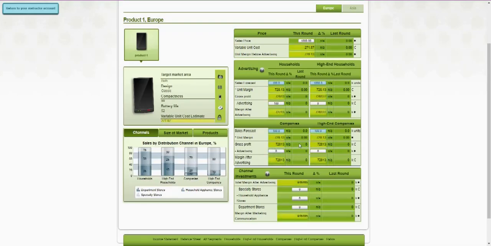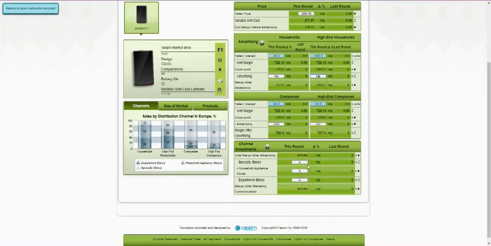So this product might be really popular. We might want it to be really popular with companies, so then I would advertise that more to them. And high-end companies and high-end households, not that much. So these are choices that you can make.